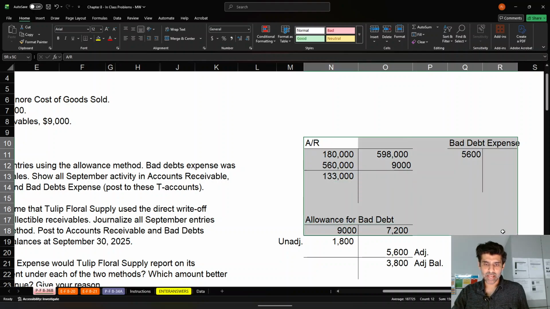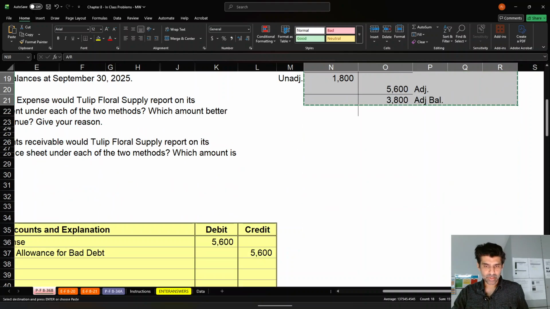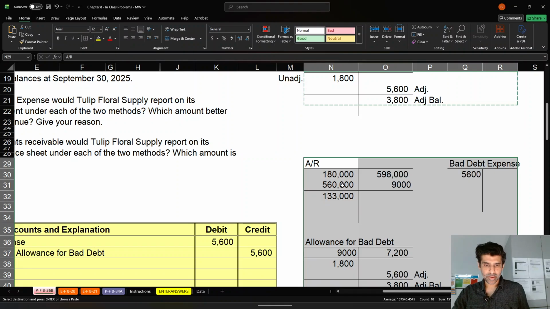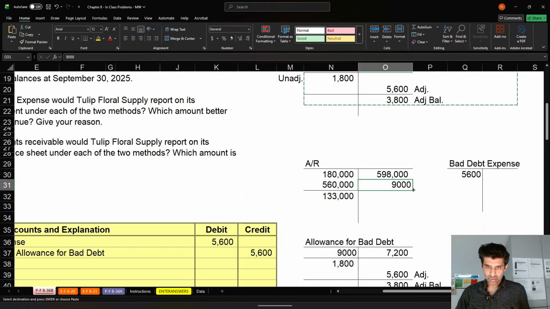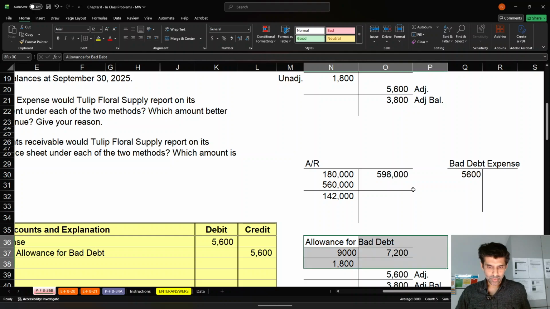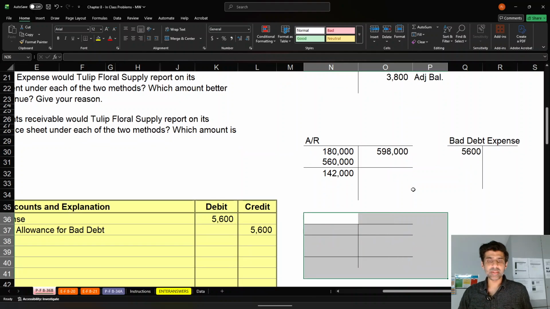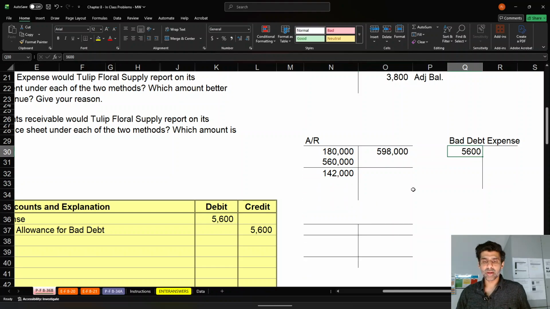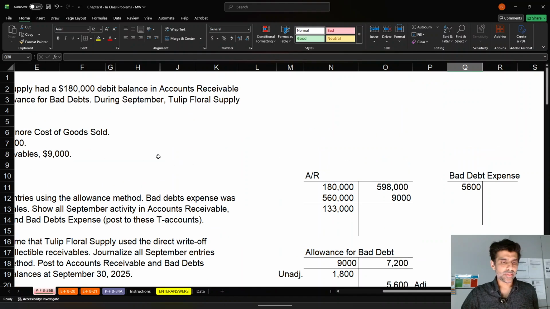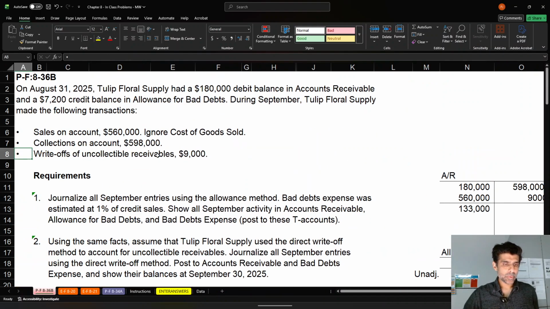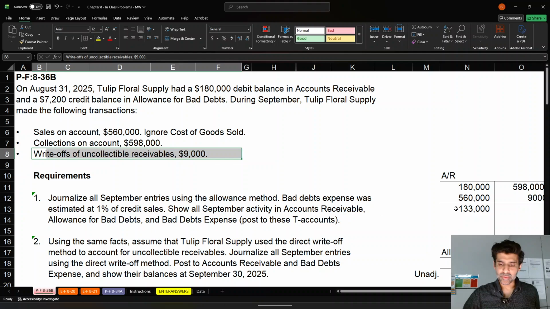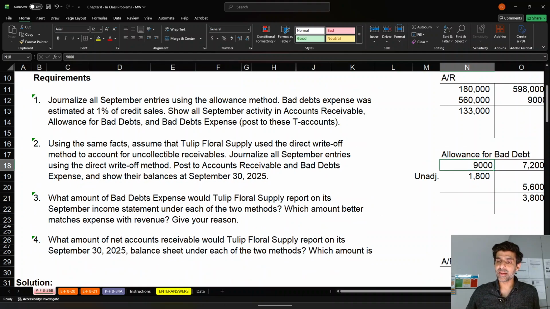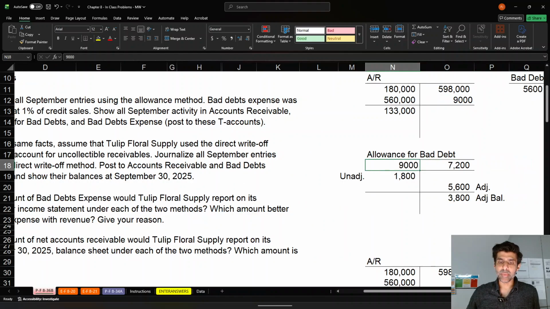Okay, so now let's see what would change if we had direct write-off method. Okay, so this whole thing won't exist. Okay, we wouldn't deal with anything related to allowance for bad debt. So instead of this write-off for uncollectible receivables, if you saw here, we debited allowance for bad debt and we credited account receivable.